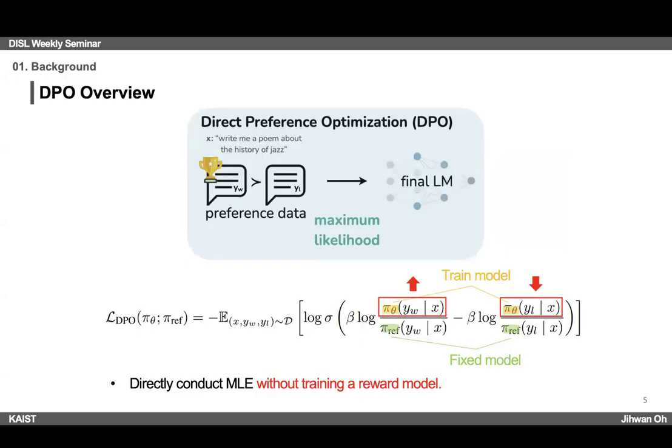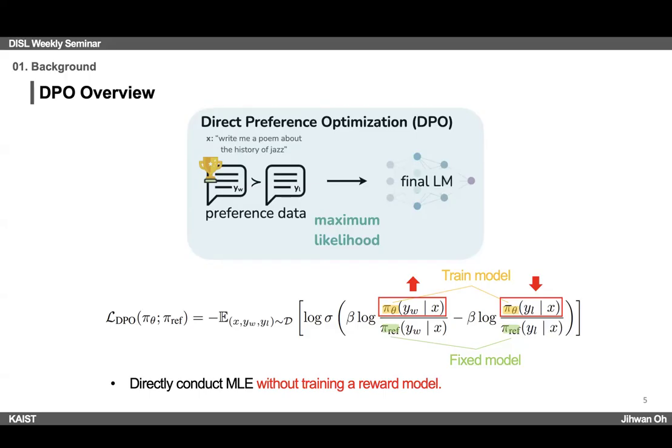Instead of RLHF, direct preference optimization, DPO, reformulates the reward modeling and reinforcement learning phases into a single optimization problem. While DPO essentially follows the same loss function as RLHF, DPO is a reward model-free approach that aligns the SFT model directly with the preference data.